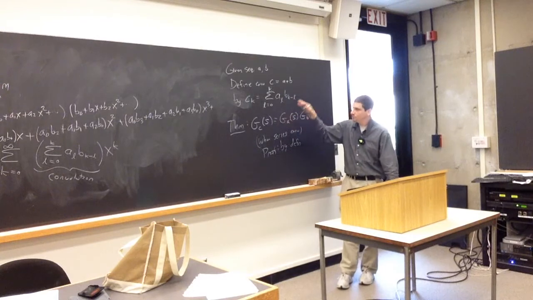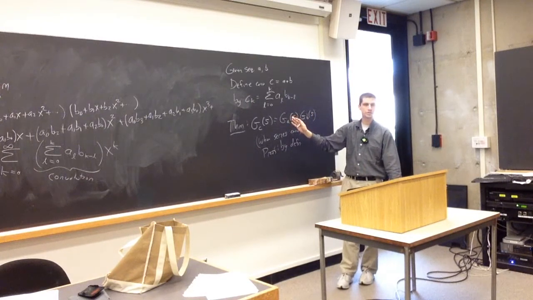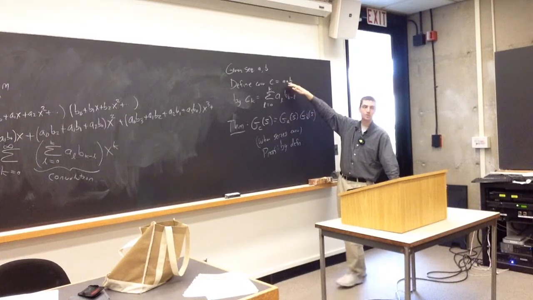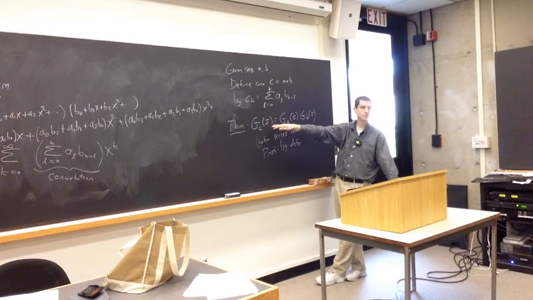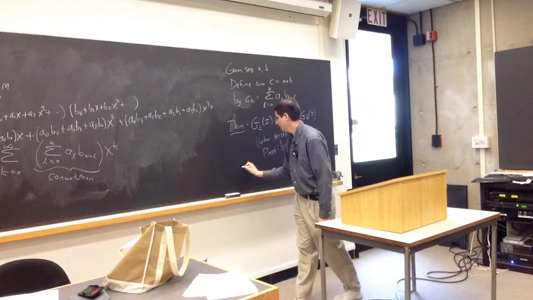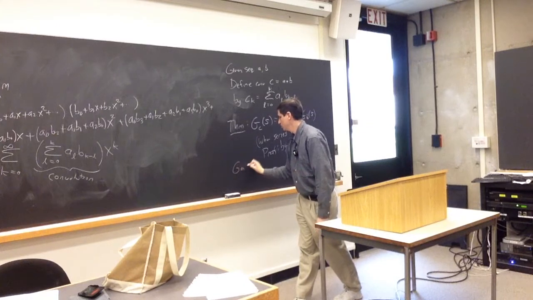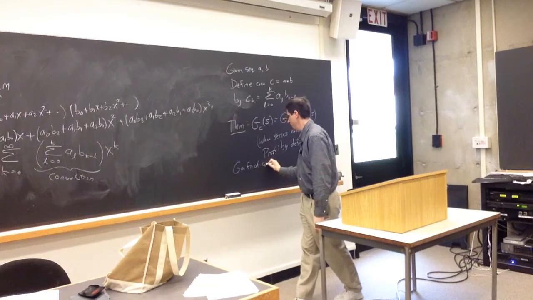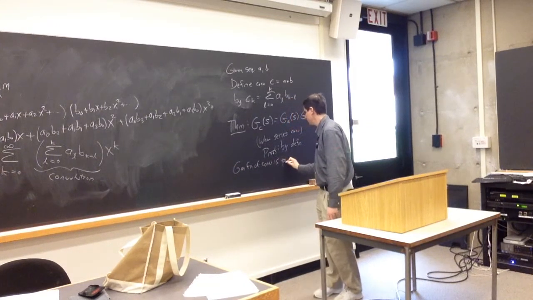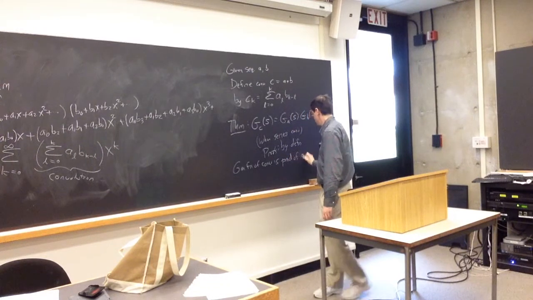So just from polynomial multiplication, we now have this wonderful property that if you take the convolution of two sequences, the generating function of the convolution is the product of the generating functions.